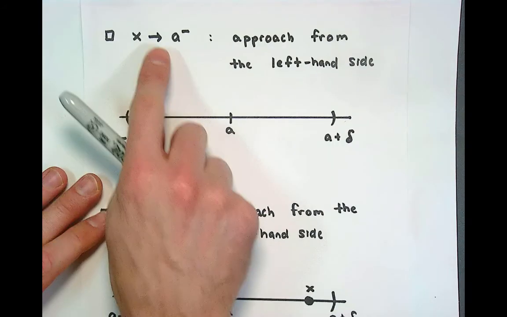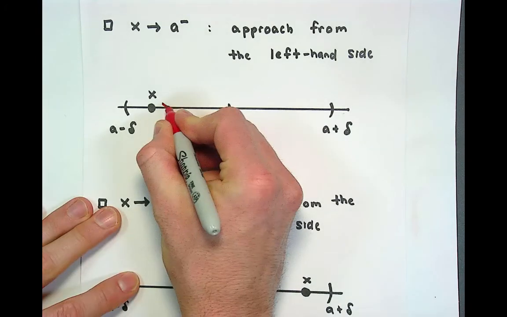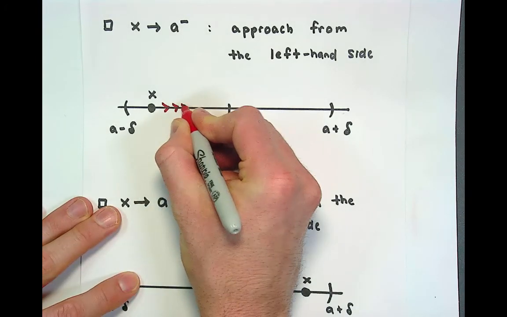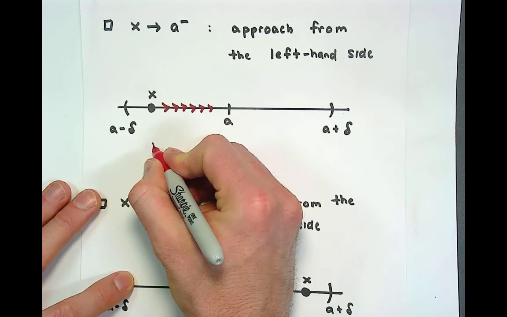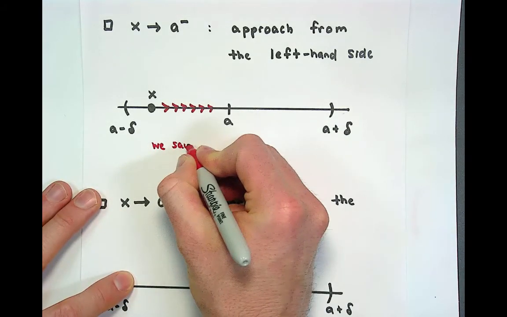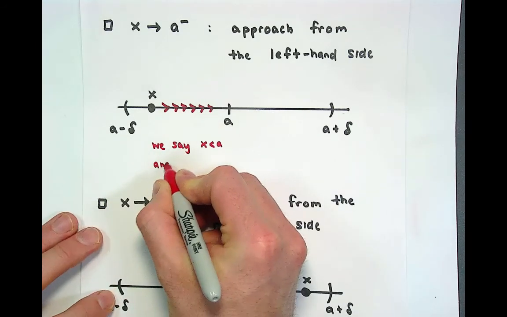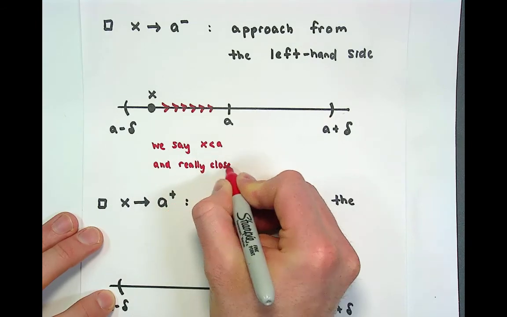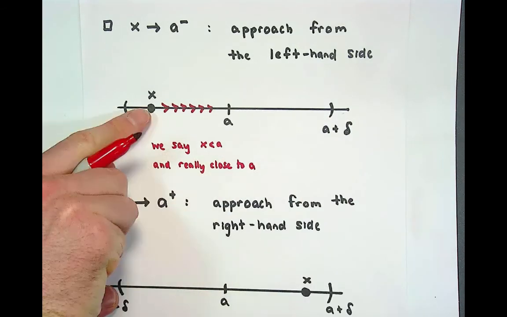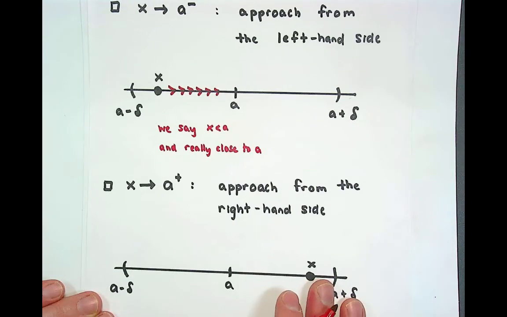And you probably remember this. One path to approach a is when x is less than a, and we approach a from the left, so we really force x towards a this way. In this case, we say x is less than a and really close to a, and we approach it this way to see what happens in the output.